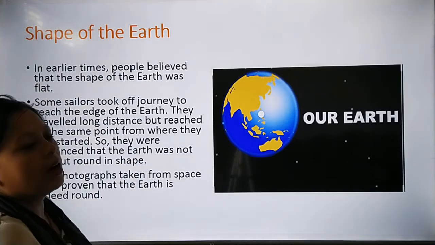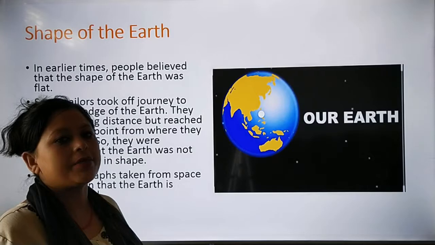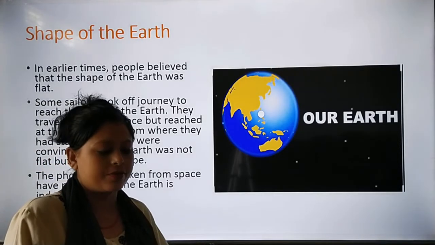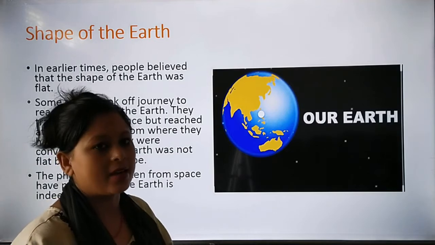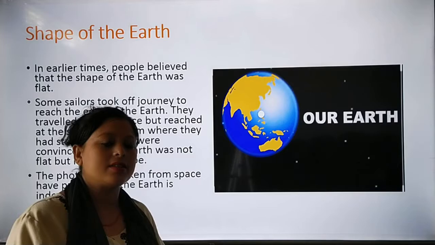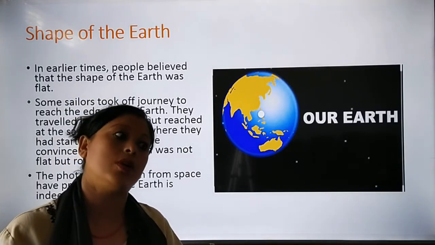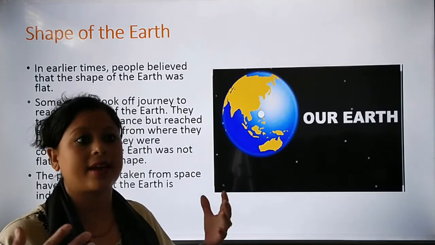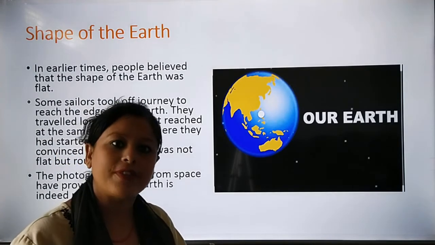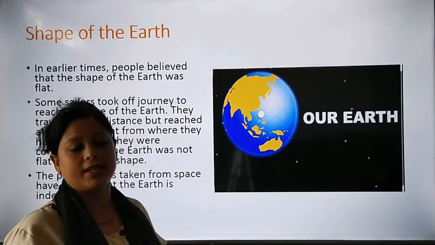So children, in the beginning people believed that earth is flat, but after that some sailors who sailed ships wanted to find out exactly what the shape of the earth is. Is it really flat? So they wanted to know, isn't it?